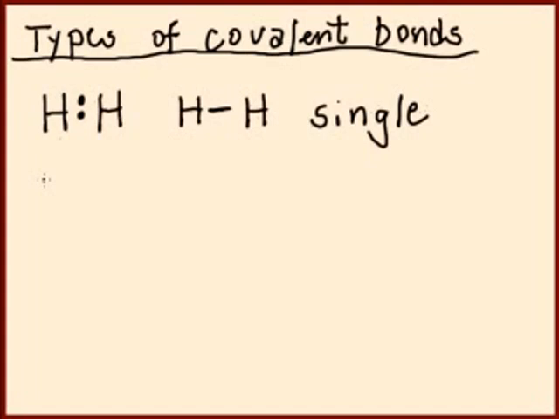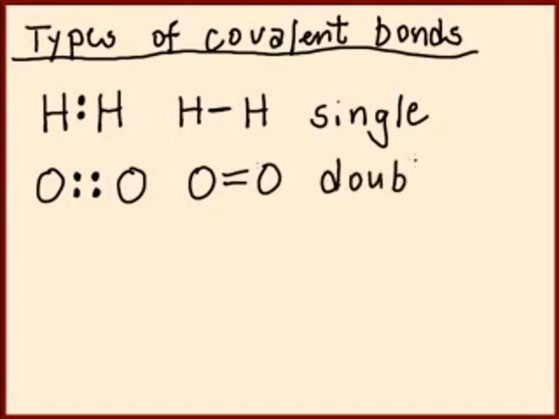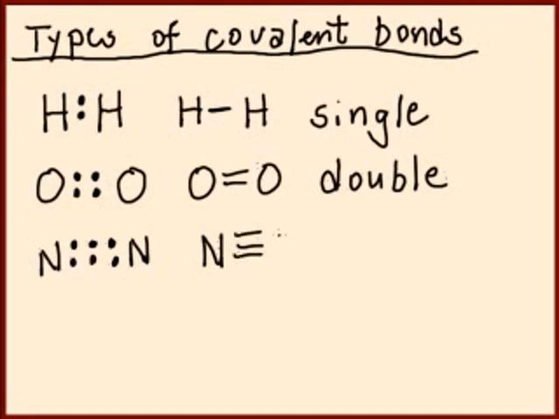If in a covalent bond there are 4 electrons that are shared, we can represent this as 2 lines between the atoms, and this is a double covalent bond. And if 2 atoms share 6 electrons, we represent this with 3 lines between the atoms.